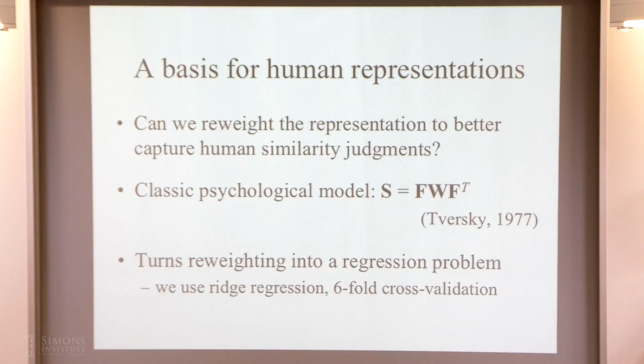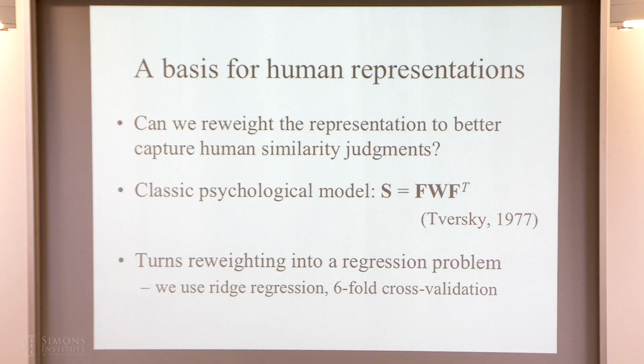We can regularize that as much as we want. We use cross-validation to determine the extent of regularization and check that if we shuffle all of the features, we get essentially zero correlations out.